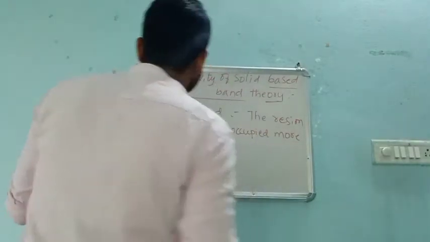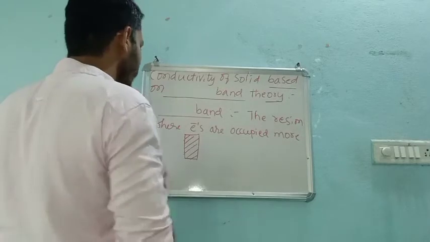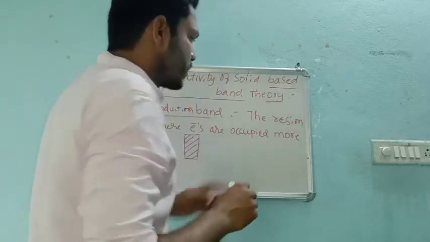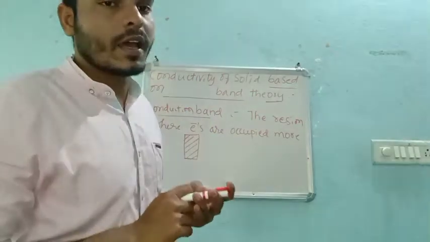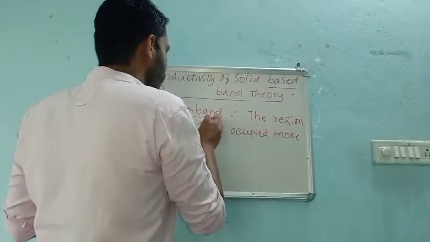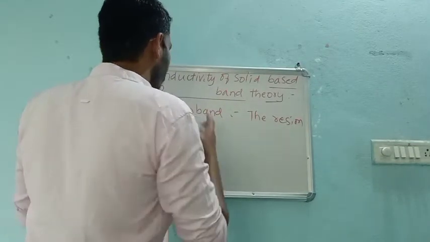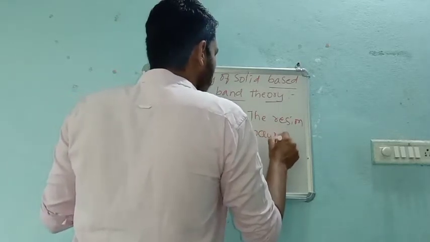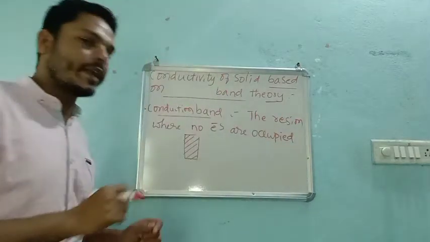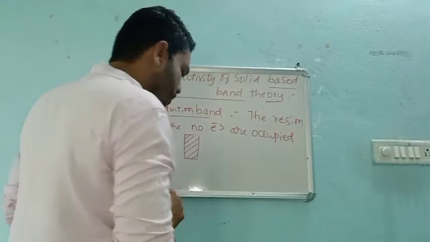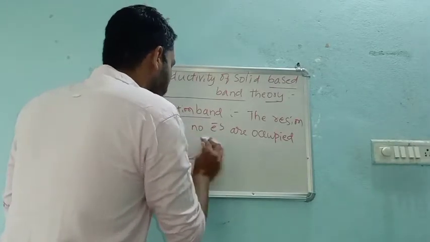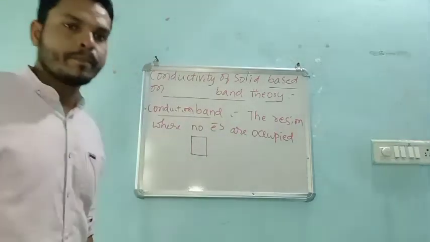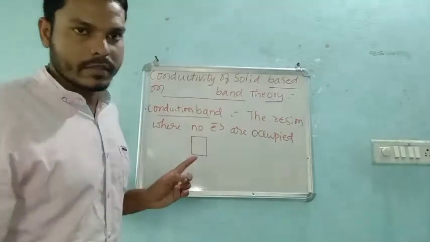And one more is the conduction band, the region where no electrons are occupied, where we cannot find electrons. The conduction band can be represented as an empty box, with no cross lines.